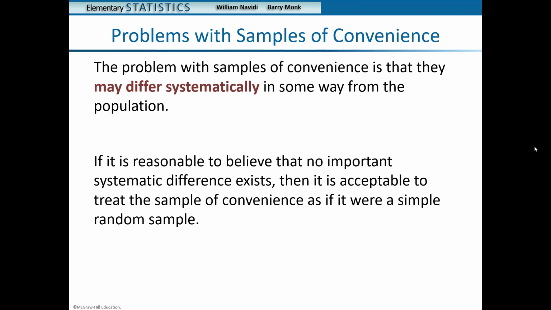So if it is reasonable to believe that no important systematic difference exists, then it is acceptable to treat the sample of convenience as if it were a simple random sample. But that's about the only case where a sample of convenience can really be trusted to give us accurate information about a population.